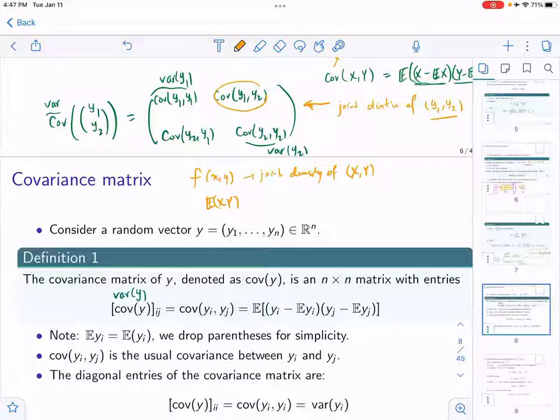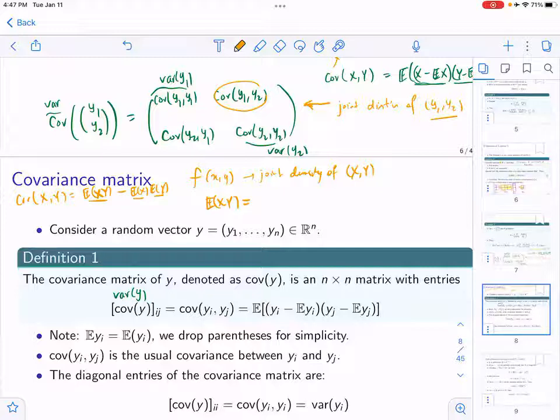Anyone knows how to compute this? You can show that the covariance of x and y is the expectation of xy minus the expectation of x times the expectation of y. You know how to compute the expectation of x and y from the densities. You need to compute the expectation of xy. So how do you compute this?